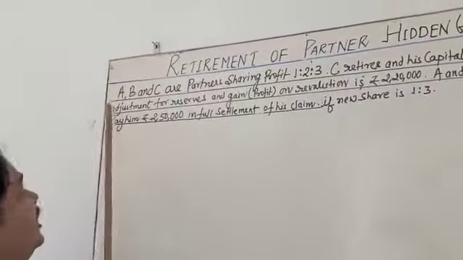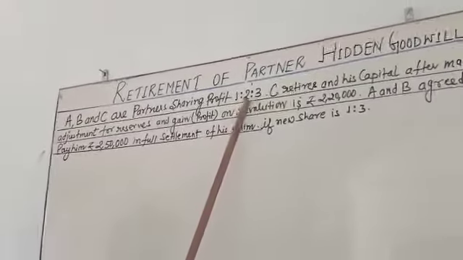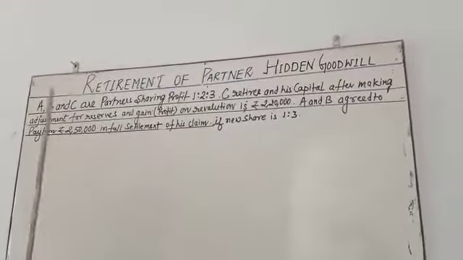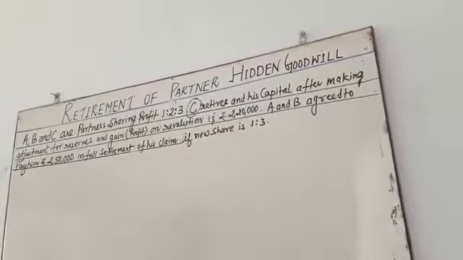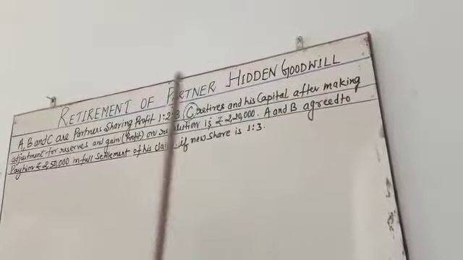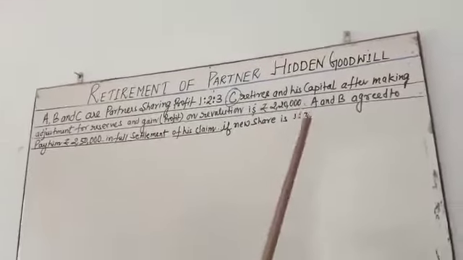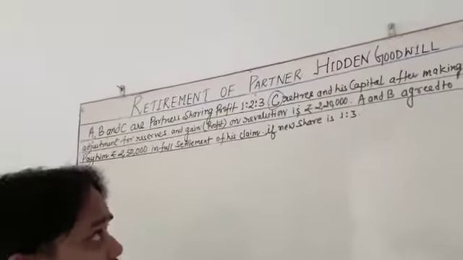The question is that A, B and C are partners sharing profit in the ratio 1:2:3. In this situation, C is going to retire. It is also mentioned that his capital after making adjustment of reserve and gain of profit on revaluation is Rs 2,20,000.